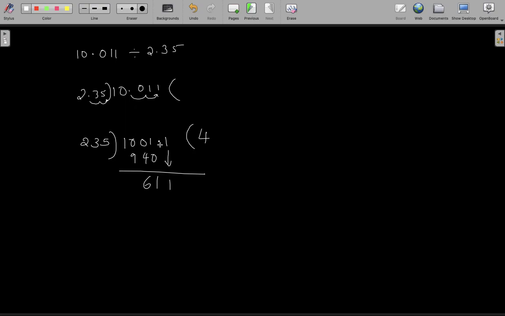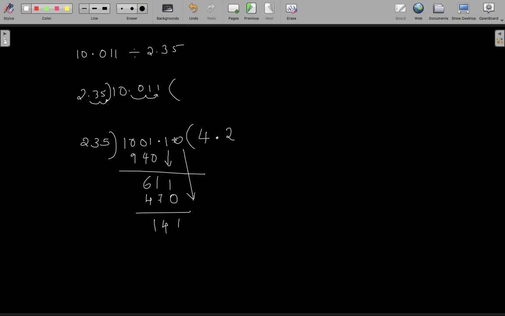Now I am bringing down the 1 which is after the decimal point, so keep a decimal in the quotient, right? Now 235 times 2 is 470. Now if you subtract this, this will be 141, but this is a remainder. Now 141 is less than 235. So how to proceed with the division? Let's imagine there's a 0 here and let's bring it down.